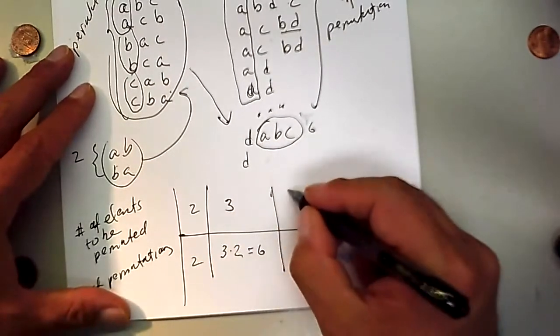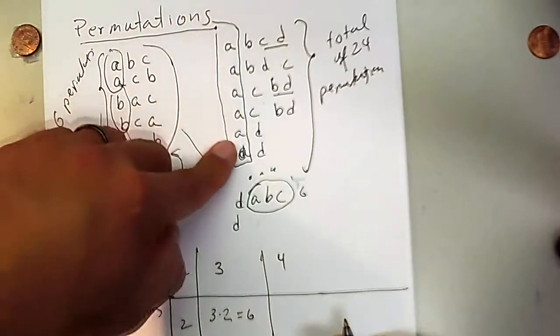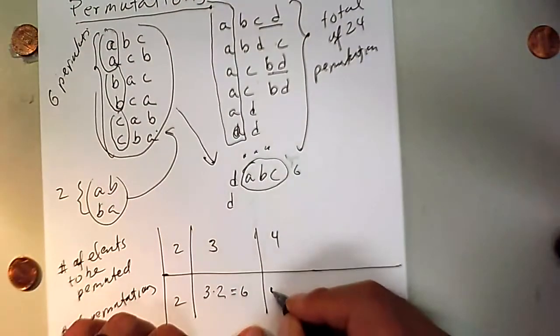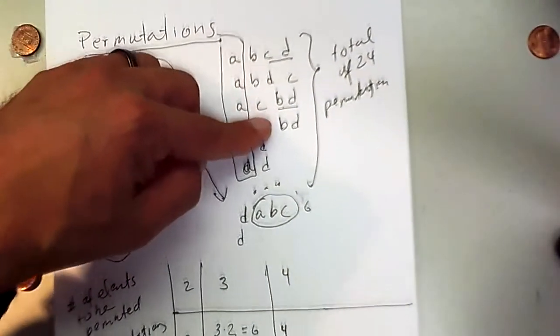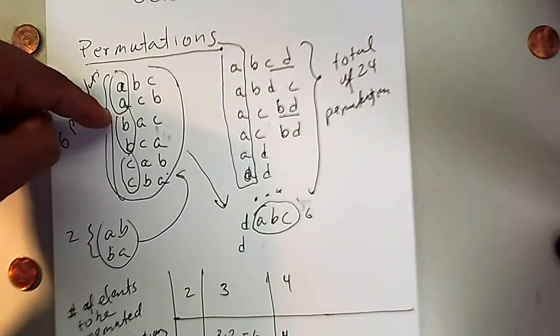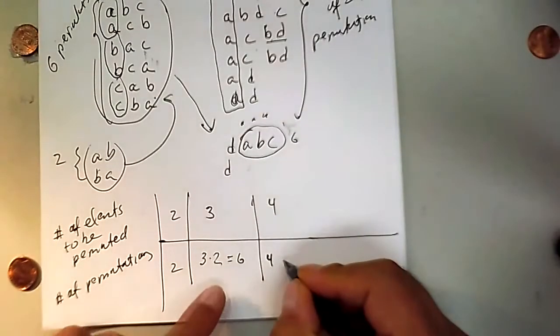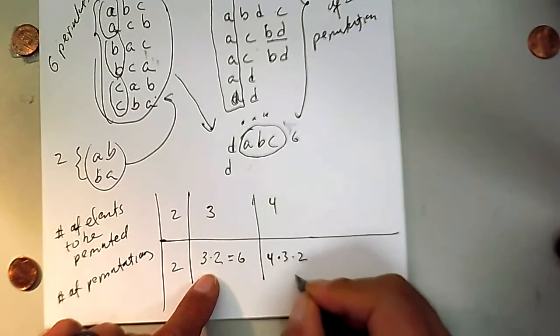If we have 4 elements, as in this case, the first letter or the first object to be permuted can be any of those 4. And then the last 3 can be rearranged in the same way as those 6 could be rearranged. So there are 6. 4 times 6, which is 24. Or another way to write that down is 4 times 3 times 2.